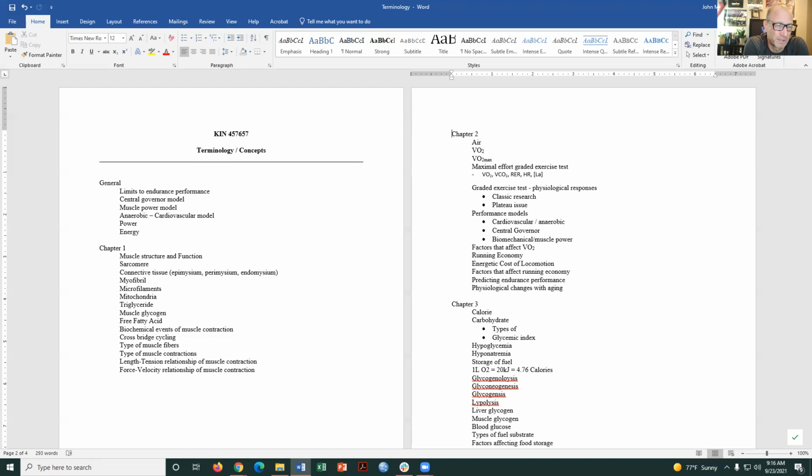So this becomes important. And then he introduces this other model, biomechanical muscle power model. And the idea with this model is not all of our muscles are created the same.